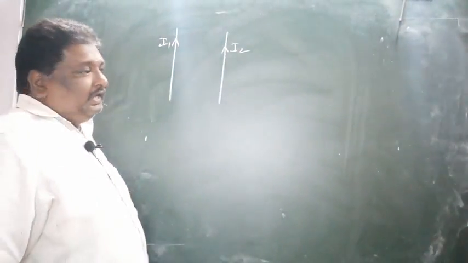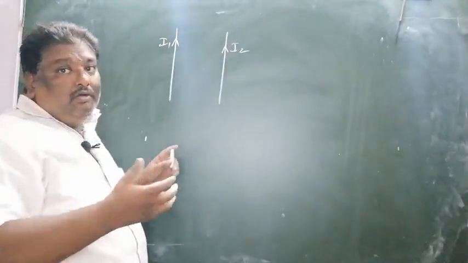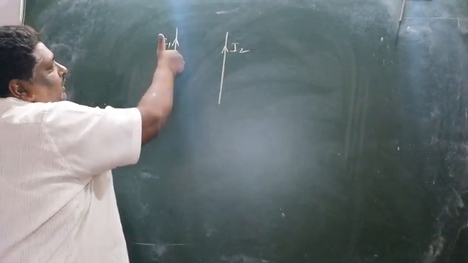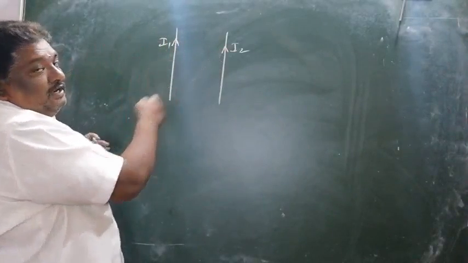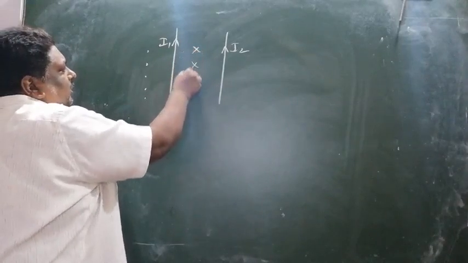Then what happens here? I1 produces a magnetic field. How to determine it? We hold it with the thumb in the current direction, and the fingers show the direction of the magnetic field. So here all dots, and here all crosses.